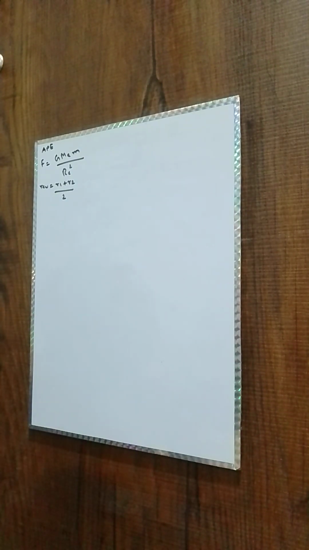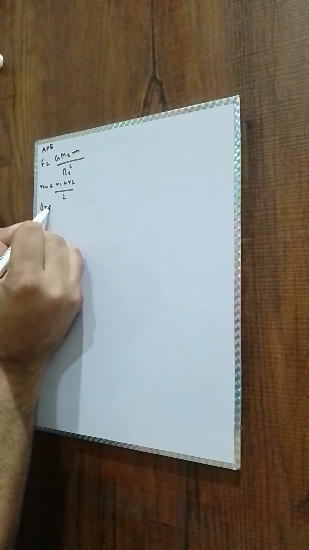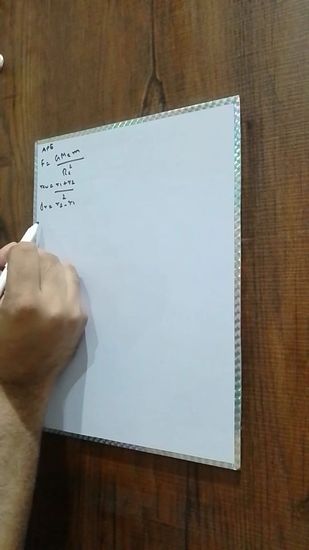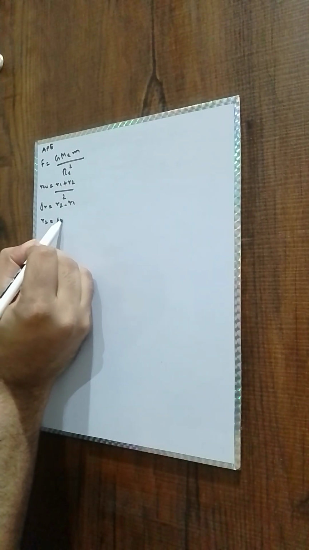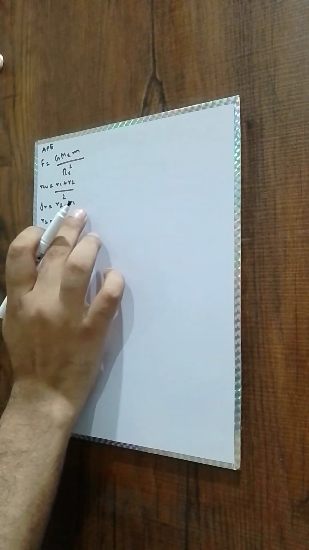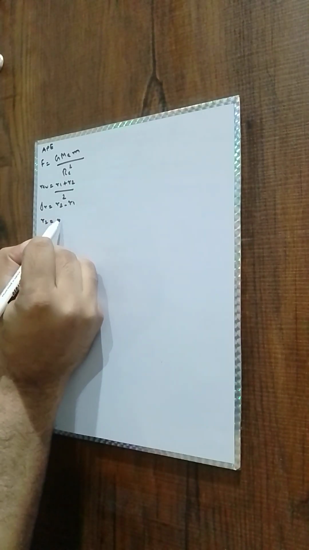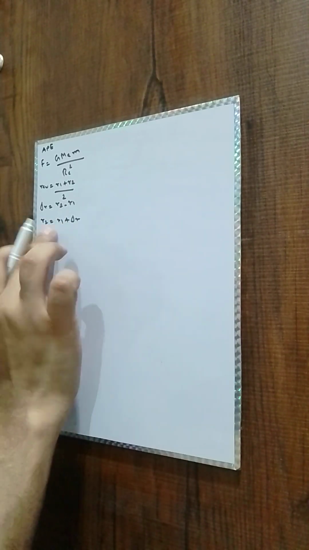And we derive the approximation. Delta r is r2 minus r1, which is very obvious in physics, and then r2 is equal to delta r plus r1. Yes, r1 plus delta r.